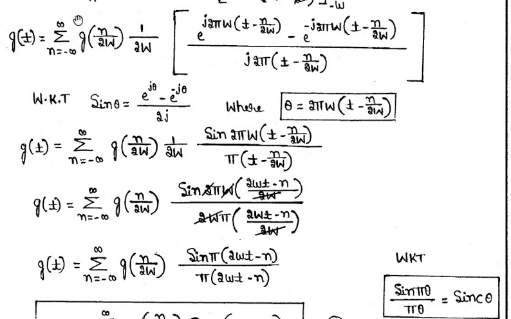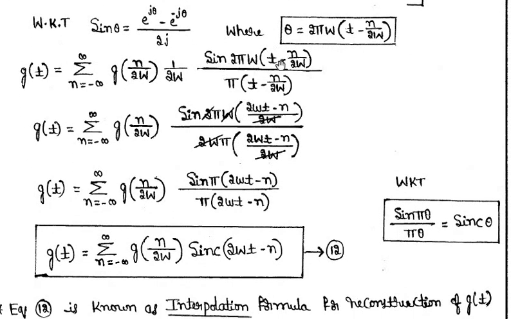One thing you can observe here, this term is not changing throughout the derivation. So the only term which keeps on changing is the exponential. So first you integrate that and substitute the limit and get in the form of sine. So later when we get in the form of sine, we can see here we have sine 2 pi w t minus n by 2w over pi t minus n by 2w. So eliminate the common terms.